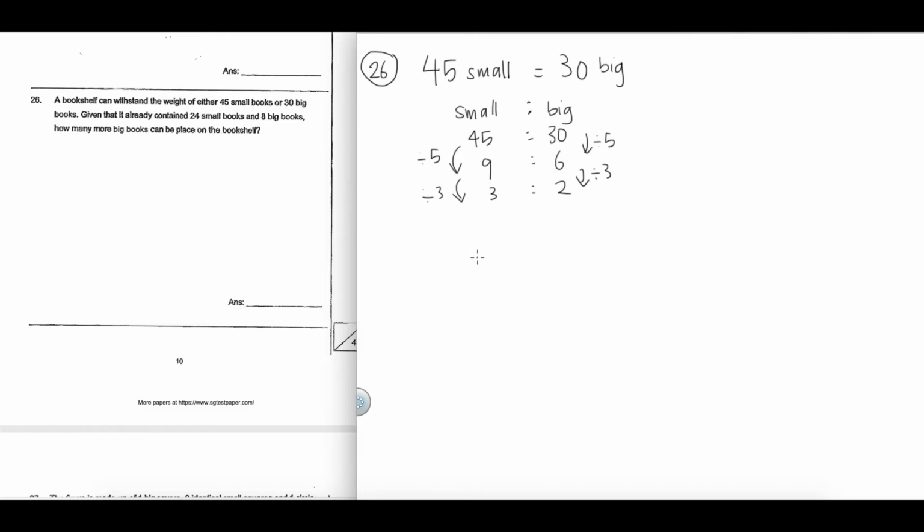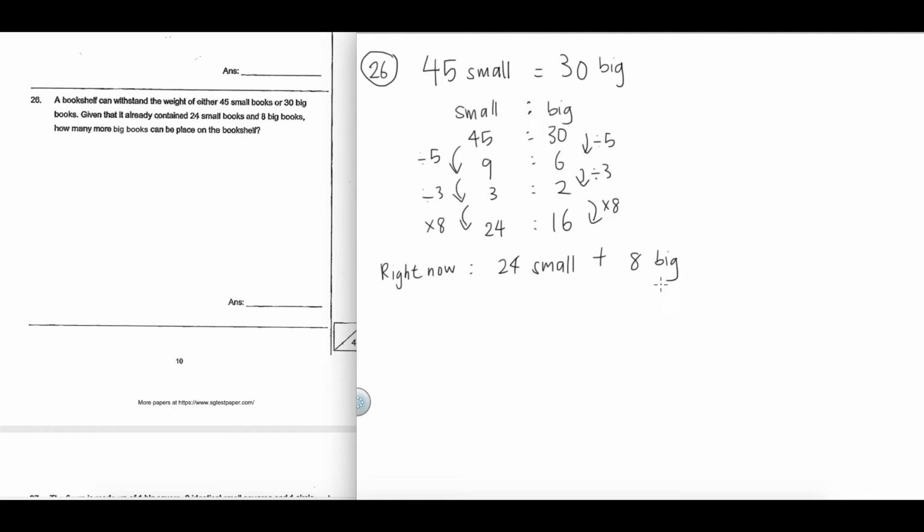Alright, so let's see. There are 24 small books right now. So that means for the small it's 24, right? 3 times what is 24? 8. So I do the same on my right hand side. It's gonna be 16. So right now, there are 24 small plus 8 big books, correct?